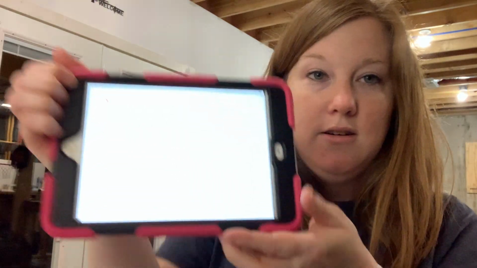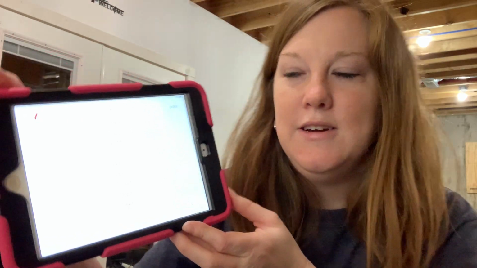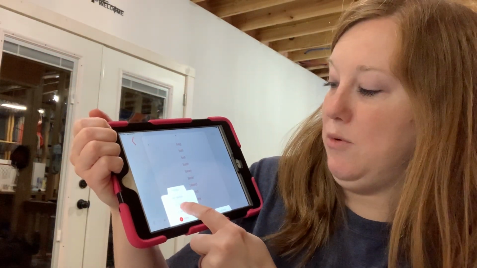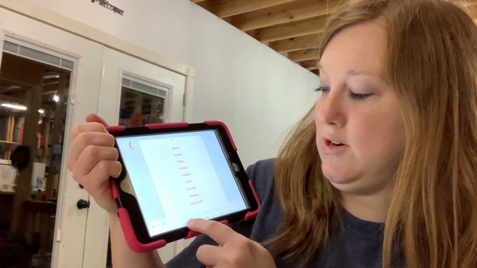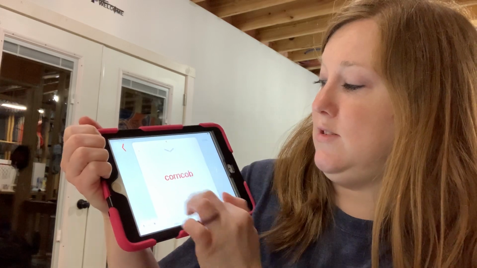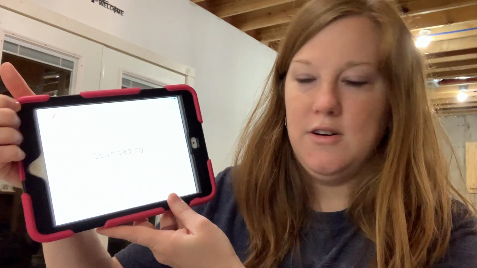At the bottom you can pick if you want it at the beginning of words, in the middle of the word, or the final position of words. If you push the words, a lot of times you can slide it down and there's a picture that goes with it too. Of course, my internet's really slow at home. So Word Vault is a good app for practicing articulation.